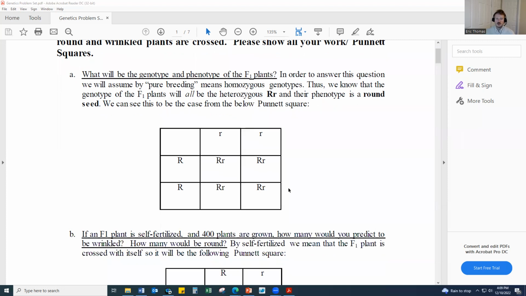So that's a very basic introductory question utilizing Punnett squares, very straightforward. And most students doing the problem set seemed to understand this and get this. But I just wanted to start here so we understand the basic functions of Punnett squares and how we want to go about problem solving them.